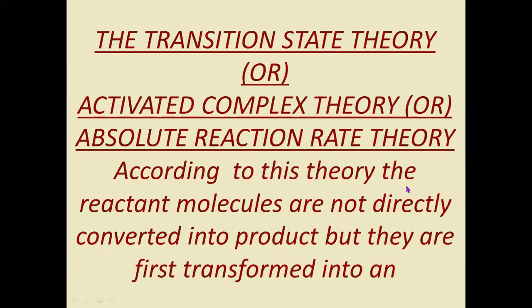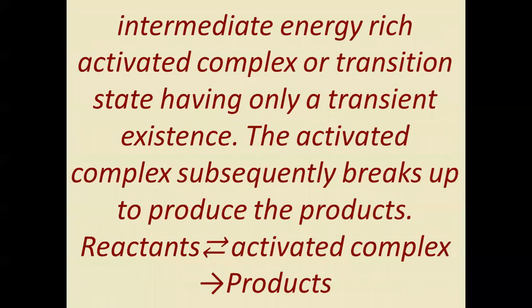So according to this theory, the reactant molecules are not directly converted into product, but they are first transformed into an intermediate energy-rich activated complex, also called the transition state, having only a transient existence. The activated complex subsequently breaks to produce the product.